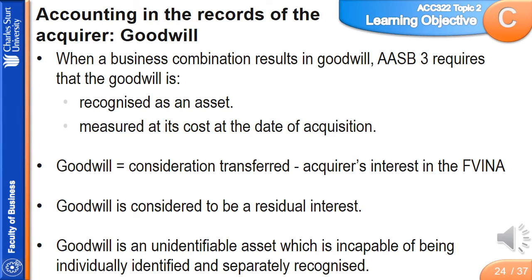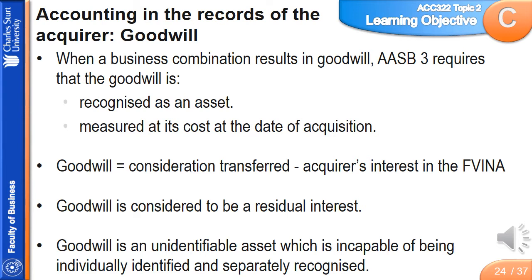So it says in this last point here that goodwill is an unidentifiable asset which is incapable of being individually identified and separately recognised. What that means is there are, say, intangible assets that get identified from the business combination that weren't previously recognised, such as brand names or some masthead, something internally generated that wasn't previously recognised.